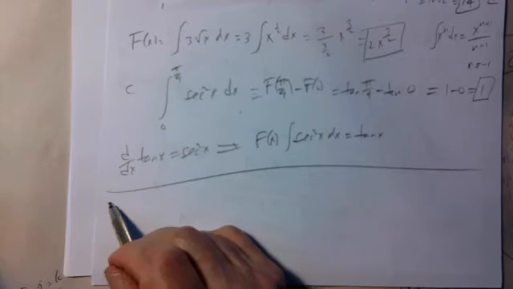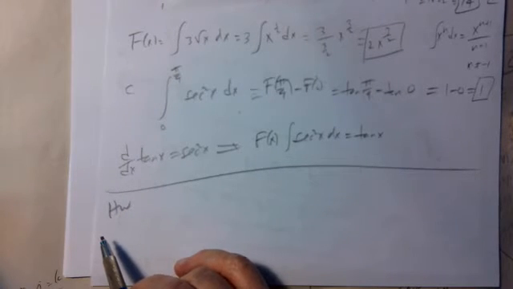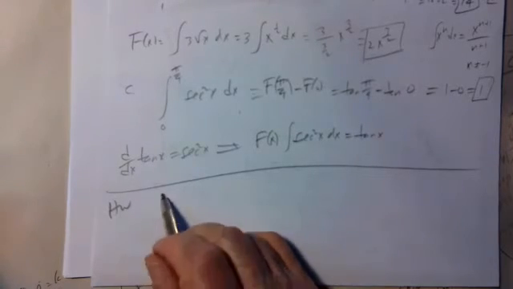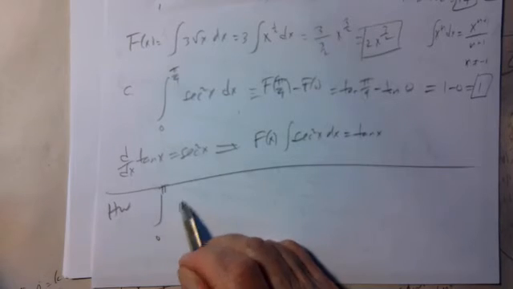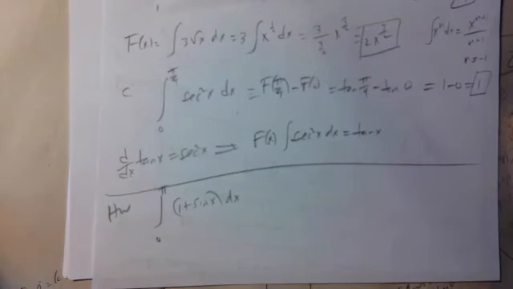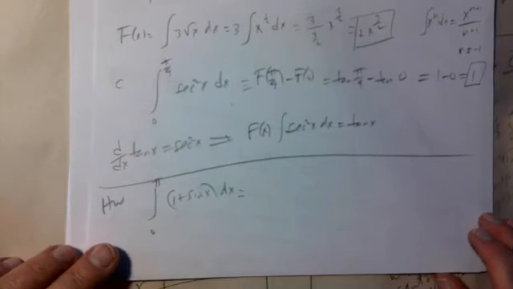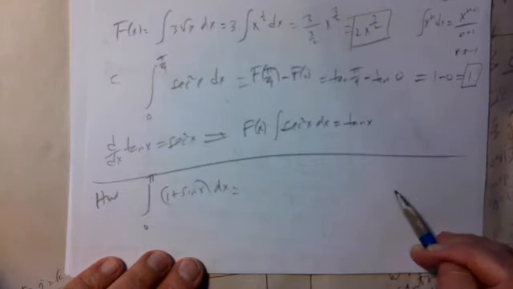So here's a homework problem, which perhaps you've done. Compute the integral from 0 to pi of 1 plus sine x dx. So I'll give you a second to do it, and then maybe someone can tell me the answer.